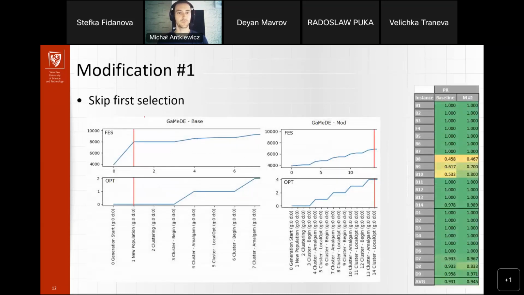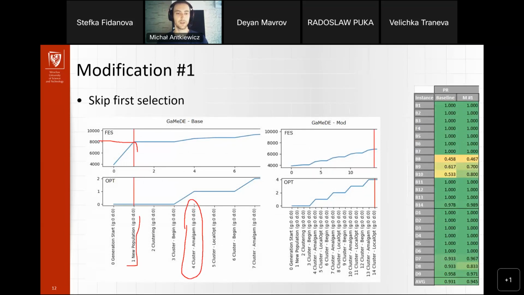So the first modification, we skip first selection. We noticed that our initialization, creating a new population out of random initialization using random selection, just wastes 80% of the whole budget, and we are just left with 20%. So it's not enough for our amalgam local optimization algorithm to find all the optima.